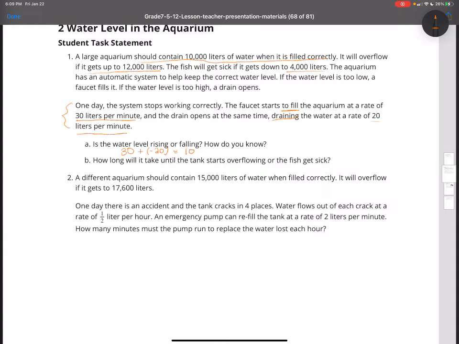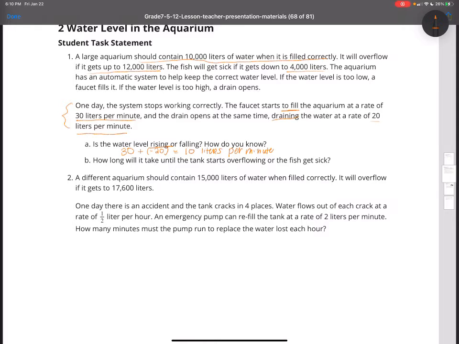It will be going at 10 liters per minute. I just wanted to make sure I had the right unit. So 10 liters per minute, and it's a positive 10. Do you think positive 10 will be rising or falling? If you guess rising, you are absolutely correct. So that's for part A.